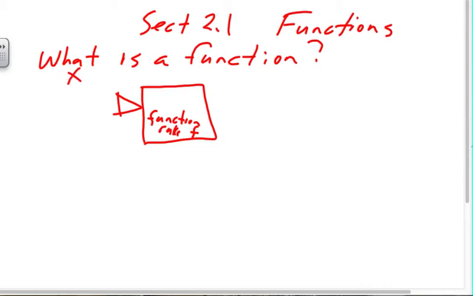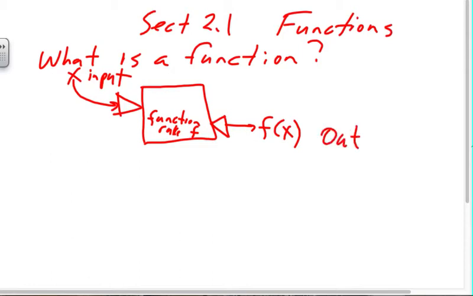So I've got some x values that I'm going to put in here. This is my input. We send them through f, and then out the other side, I'm going to get some y values, or f of x. And this is my output from the function.